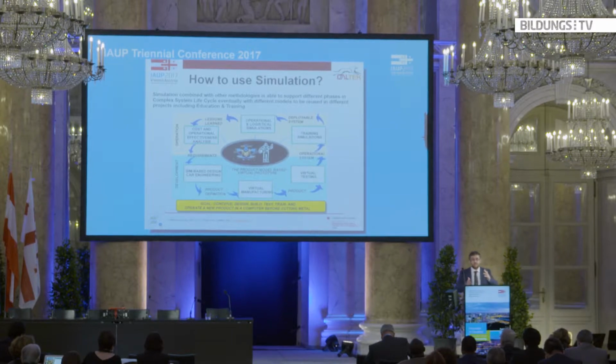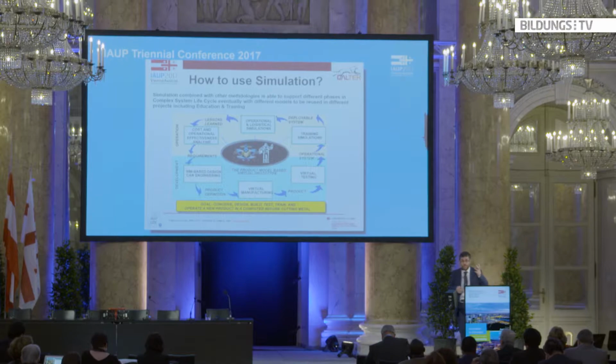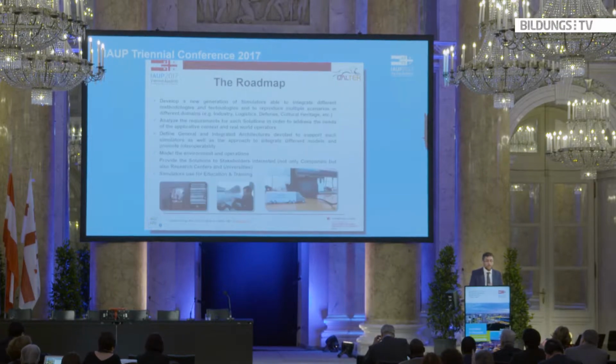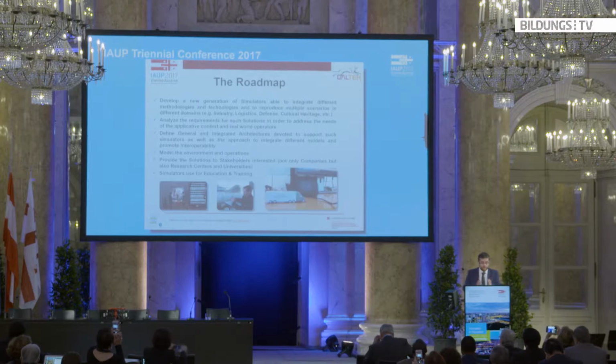In the end, simulation can be profitably used to conceive, design, build, test, train along the entire life cycle of our products and process. So, from this point of view, which is the roadmap that we have to follow?